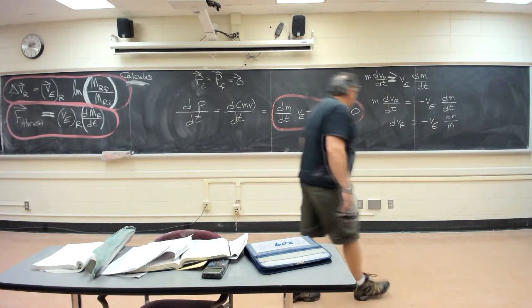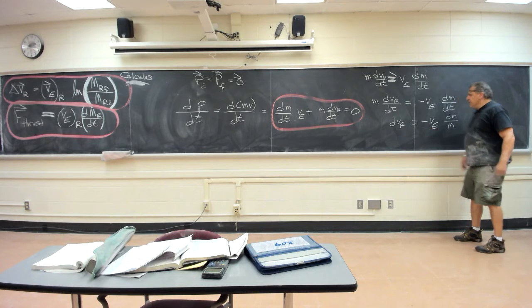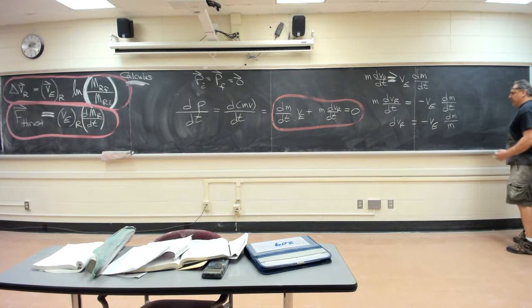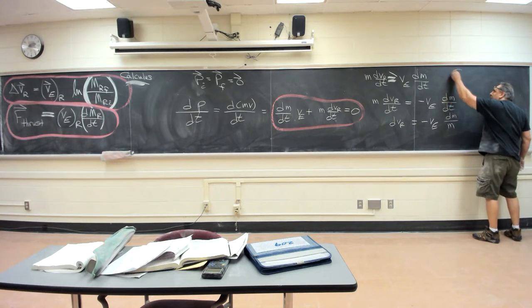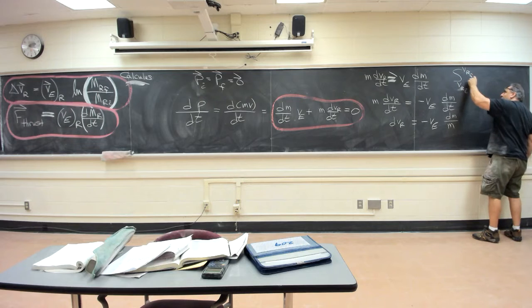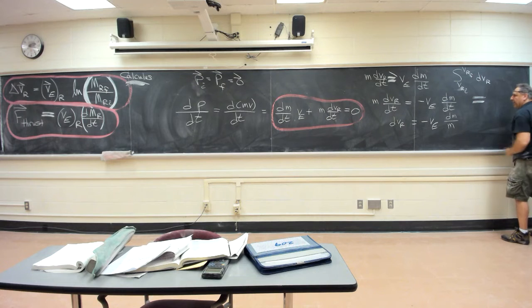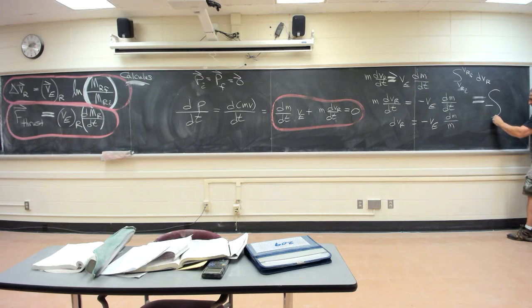Well, yeah, but that's kind of different, that's for a small amount. To get the actual big picture, as they say. And there's a lot of ways this can get written, guys, but if you integrate from VRI, the initial speed of the rocket, to the final speed of the rocket of dVr, that's equal to negative, MRI to MRF.